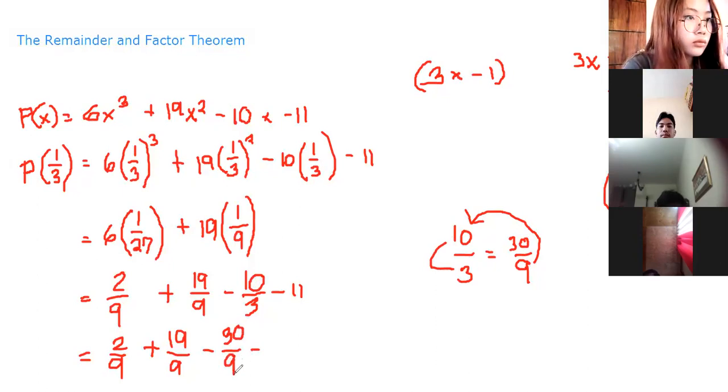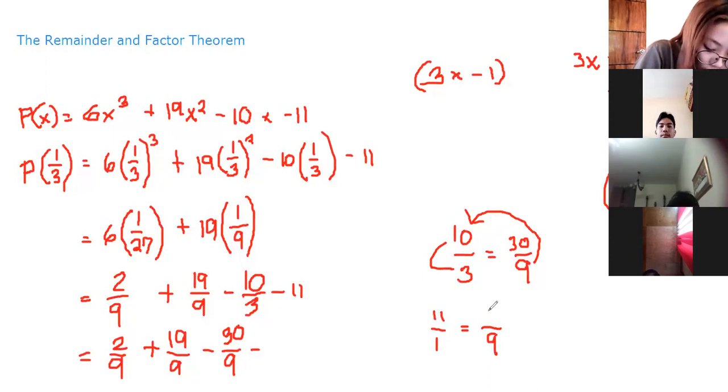And of course, we have 11 over 1, because it has no denominator. Make the denominator 9: 9 times 11 is 99, divided by 1 is 99.